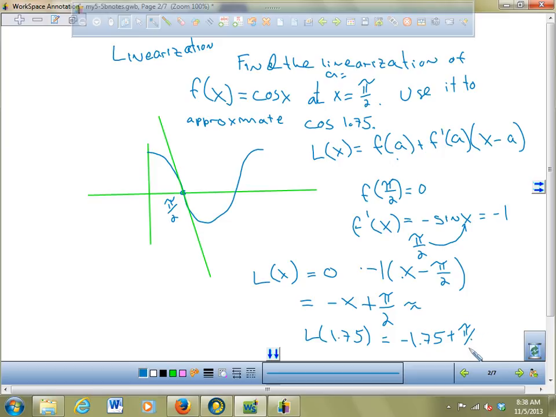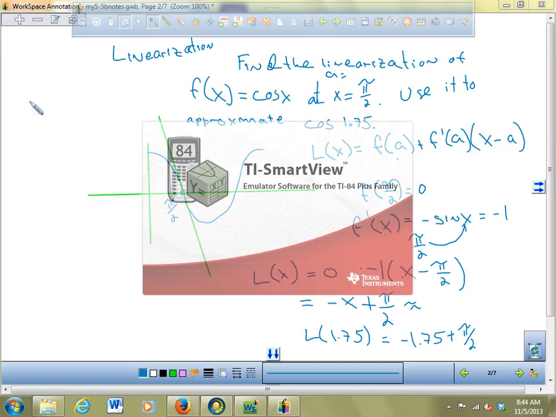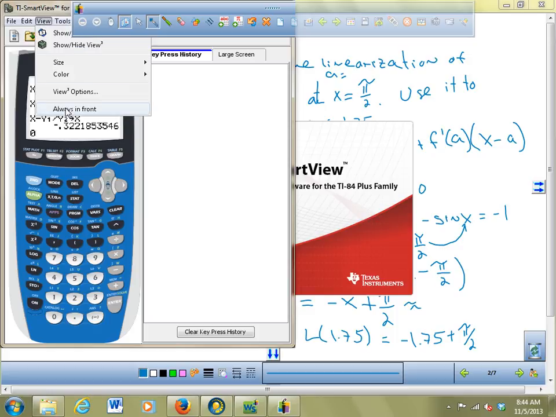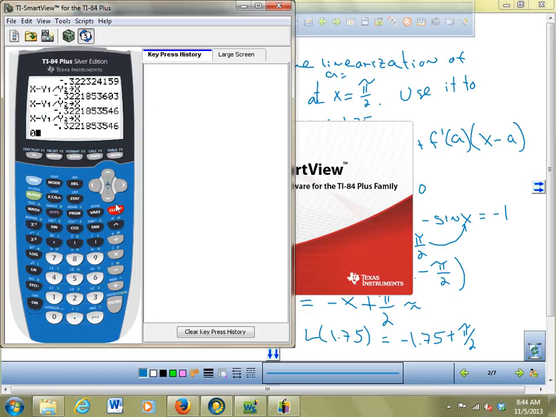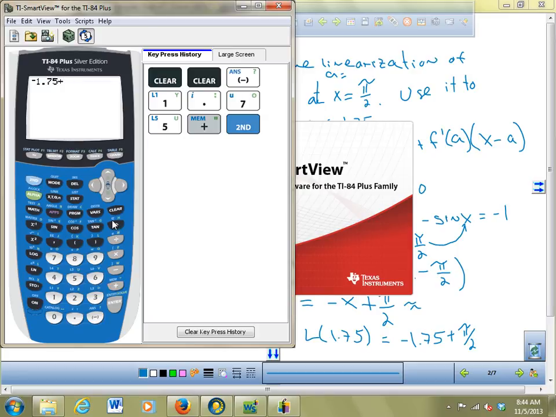If I do that on my calculator, watch: negative 1.75 plus pi divided by 2, I get this number, negative 1.792.